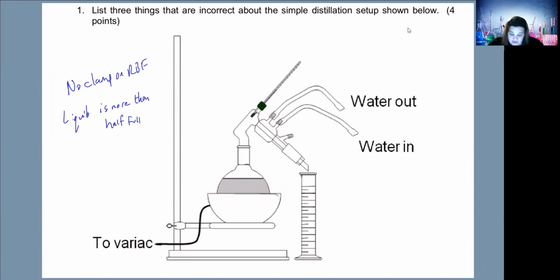The next error I notice is the thermometer, right? The thermometer is incorrectly placed. The top of the bulb needs to be level with the side arm.